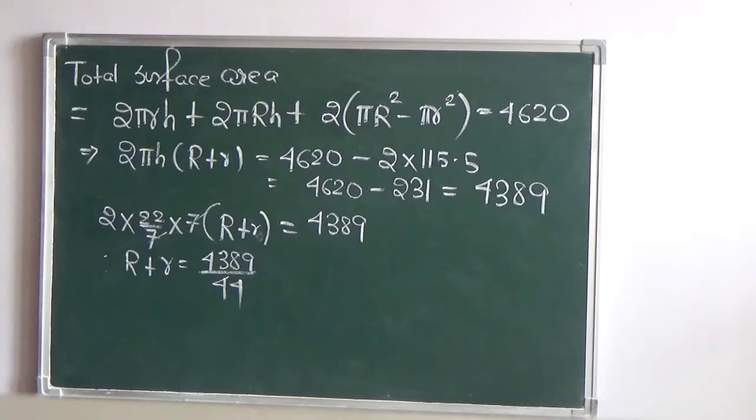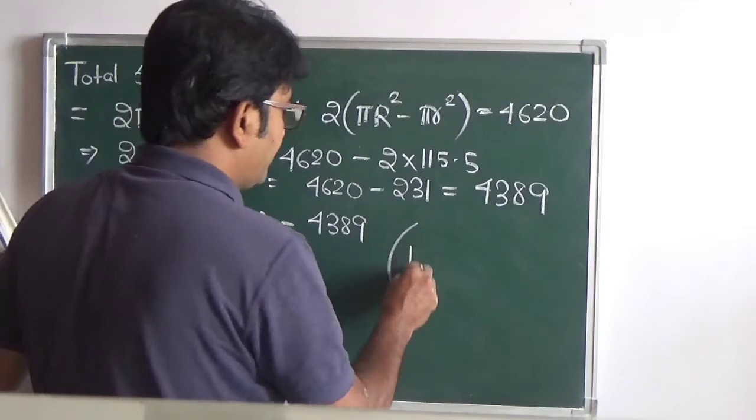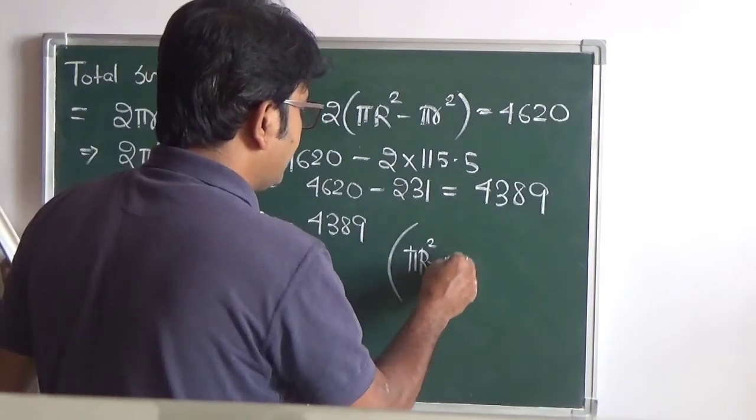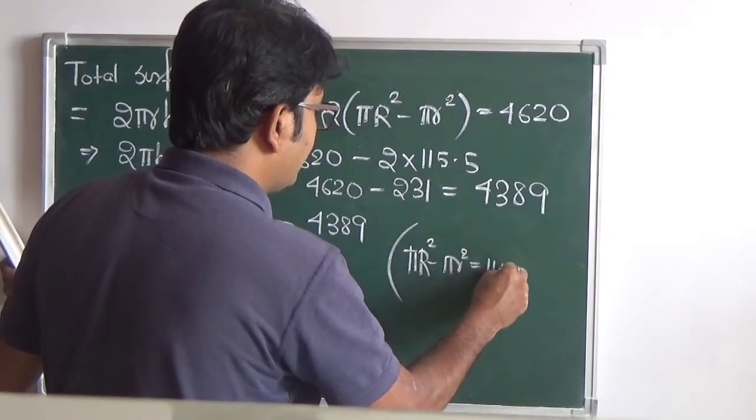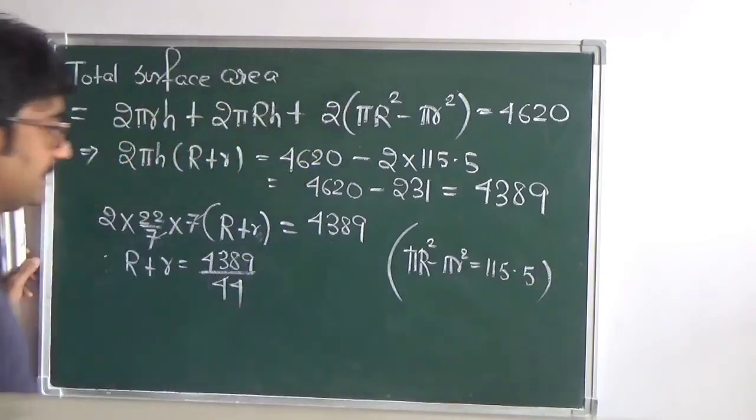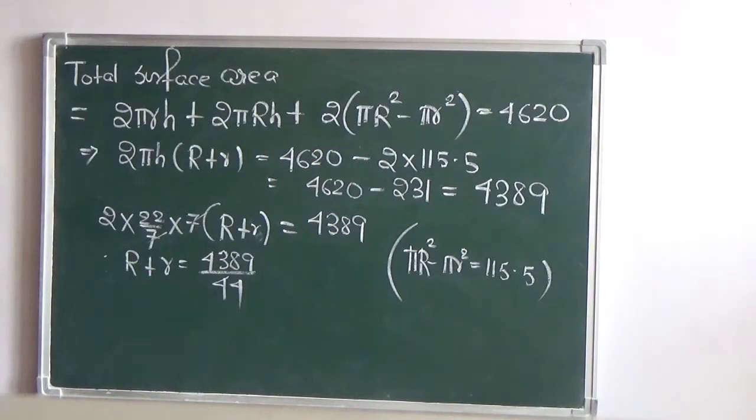So how can you move from here? We have the equation pi R square minus pi r square equals 115.5 that was given to us. So from here, how can you proceed further?